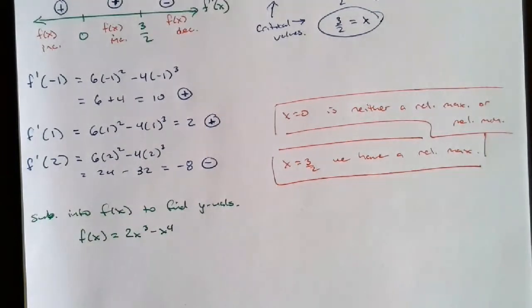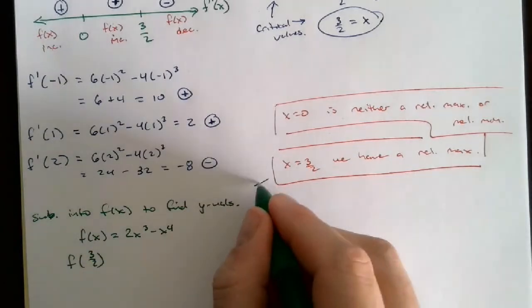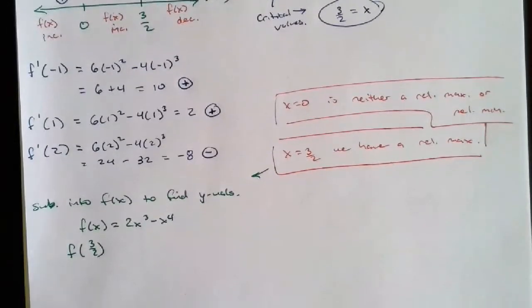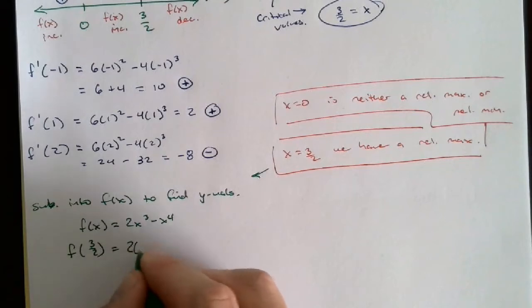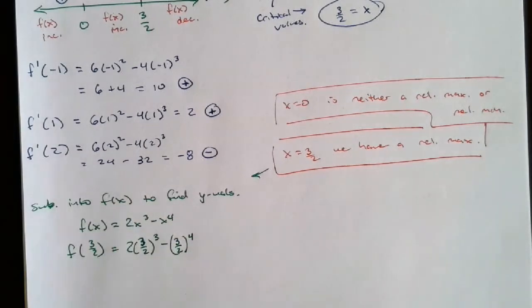We're looking for f of 3/2. So f of 3/2 would equal 2 times 3/2 to the third power minus 3/2 to the fourth power. And we can evaluate this.